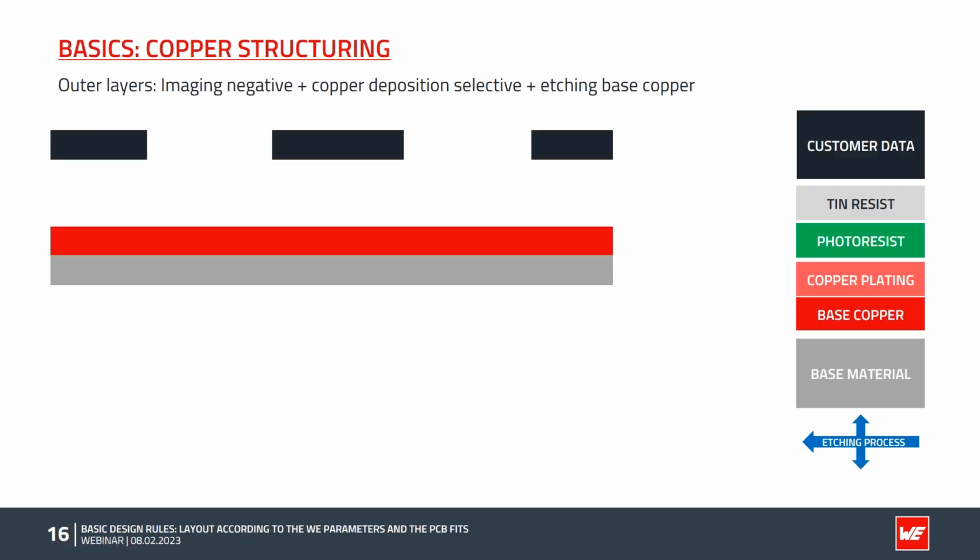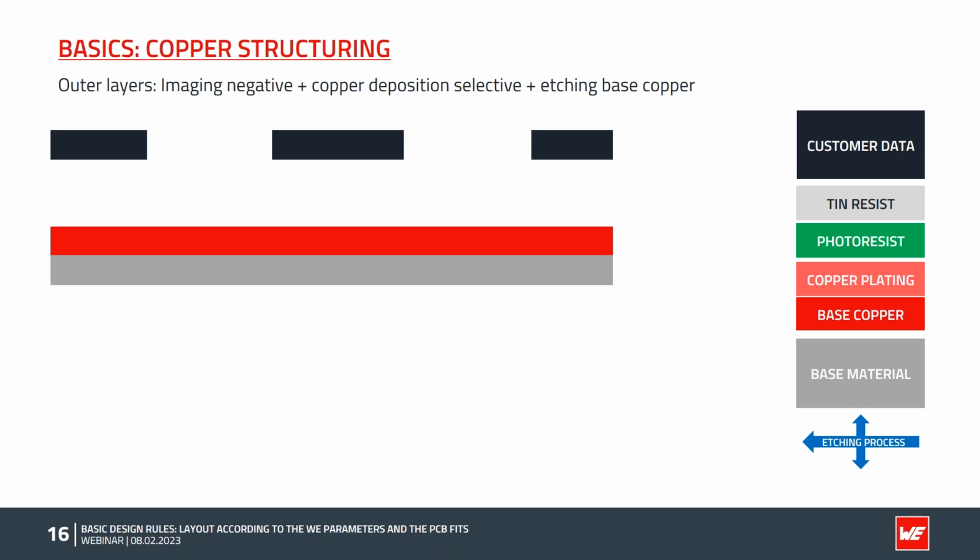So now let's have a closer look at the copper structuring on outer layers. There is a different imaging, so it's negative this time, you will see soon, and there is a selective copper deposition, and there is an etching of just the base copper, which we already can see here. So again, red is the base copper here, on the base material.